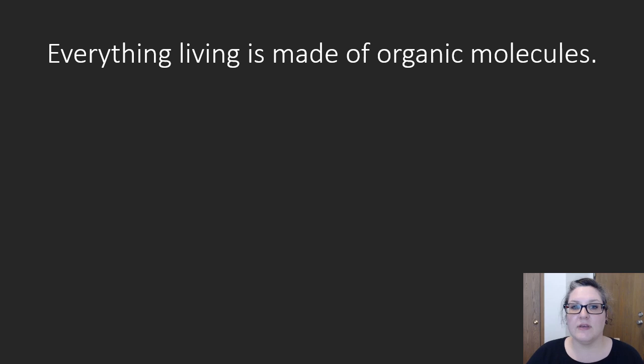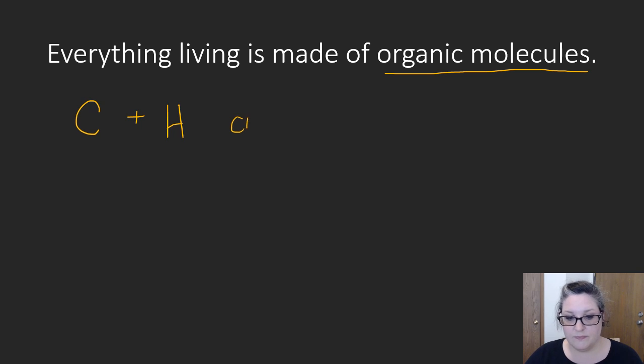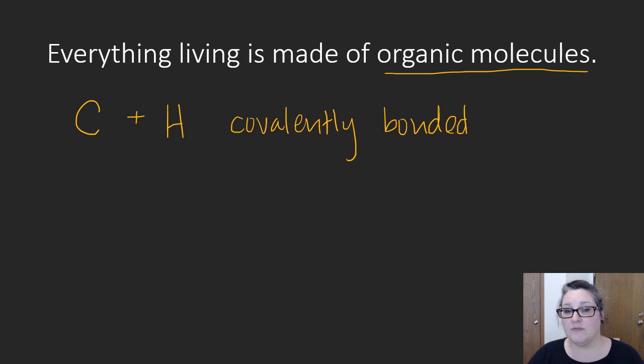So everything living or that has lived previously is made up of what we call organic molecules. Organic molecules are combinations of carbon and hydrogen atoms covalently bonded to each other in many different configurations.